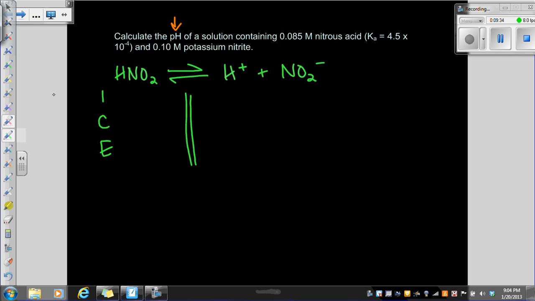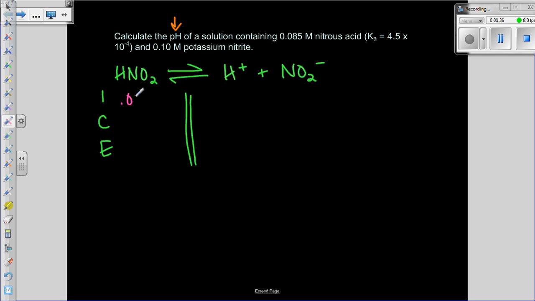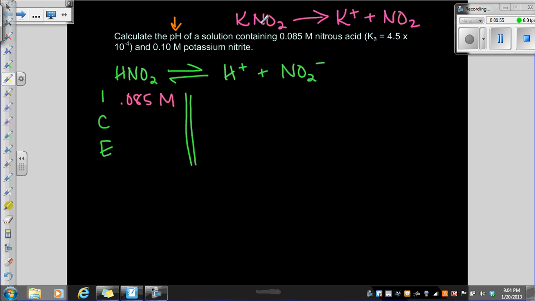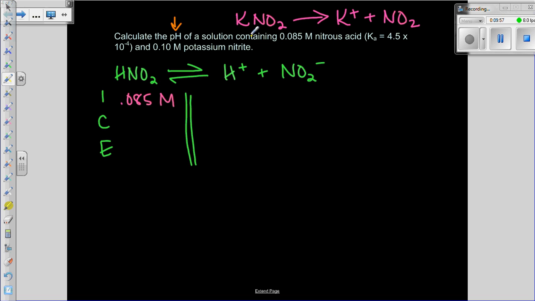So I have 0.085 molar nitrous acid and 0.10 molar potassium nitrite. Well, that's potassium nitrite, KNO2. We know that this is going to 100% dissociate. So if this were 1 molar, each of these would be 1 molar, but this is 1.0 molar.